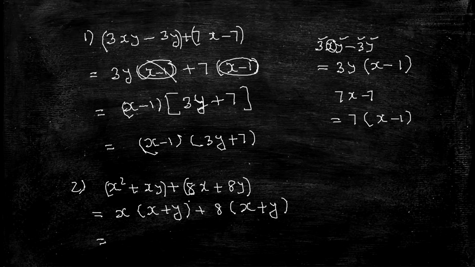Now finally we again have this x plus y which is a common factor. So I take out that x plus y, and then here I am left with x, I write the plus sign, and then I am left with 8. So thus I get the solution, x plus y into x plus 8.